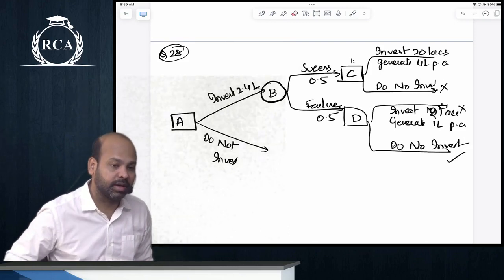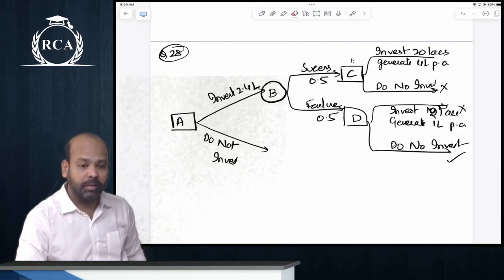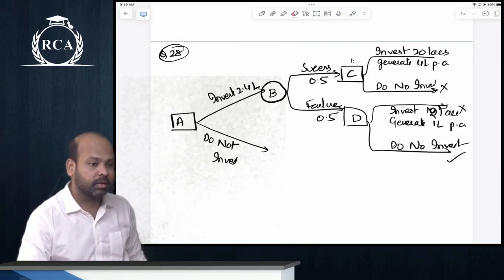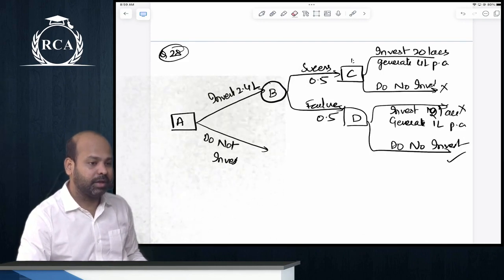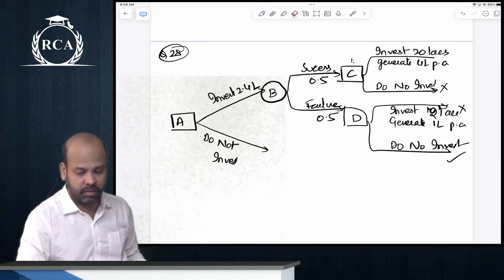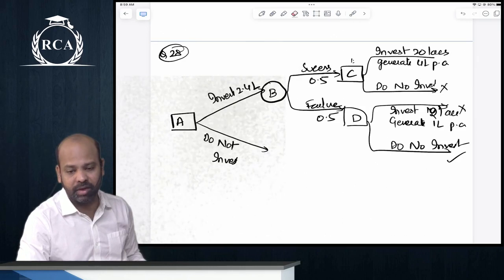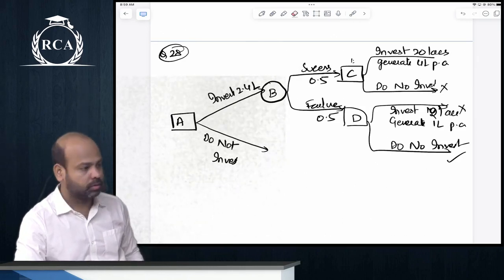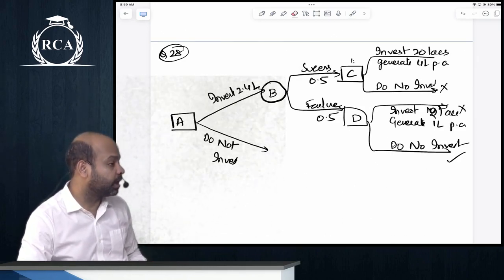Investment required is 12 lakhs. NPV will be negative 2 lakhs.